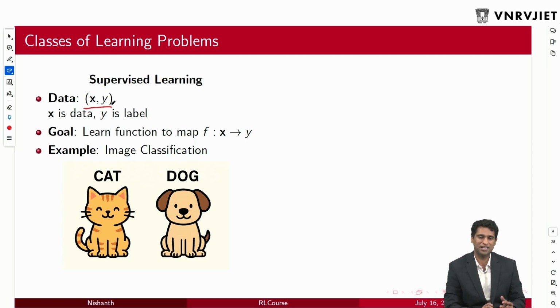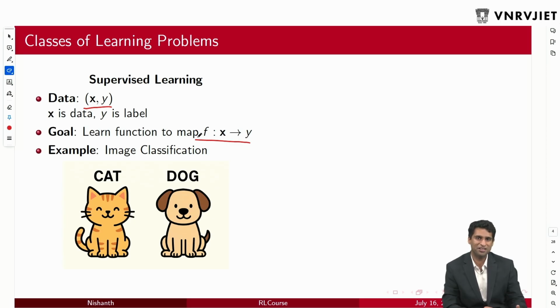X, which is the input data, and Y, which is a label assigned to the data. So the whole objective for supervised learning is to learn some function F, which maps from this input data and outputs some label Y. So a good example for supervised learning is image classification.